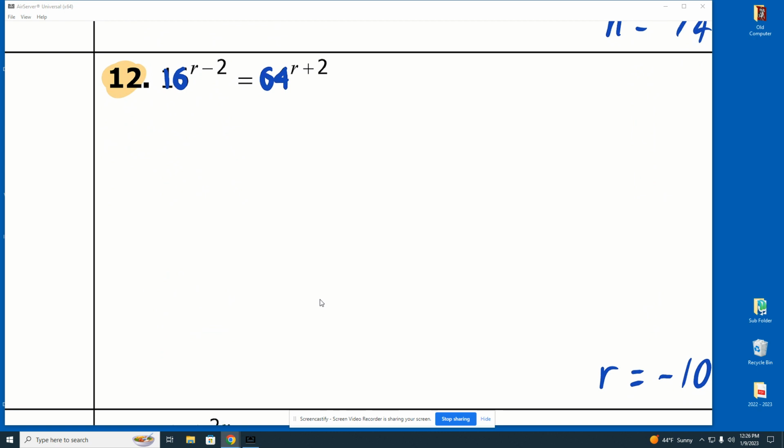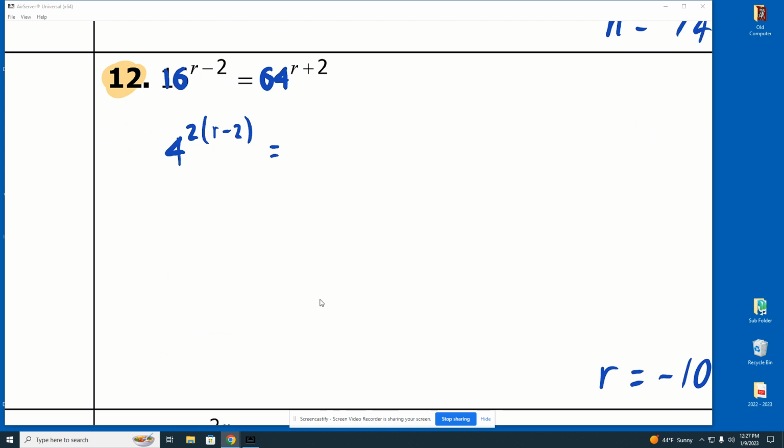So let's start with 16. 4 squared gives me 16. Now don't forget, if there's a variable already there, you let it stay there, and we'll deal with that in just a second. Go to the other side, 64. We already said that 4 times 4 is 16, times 4 is 64.